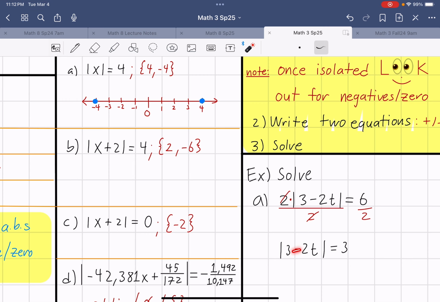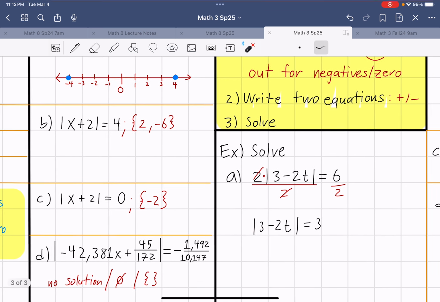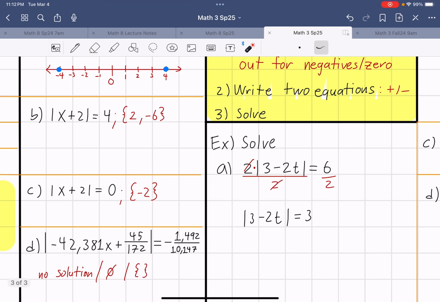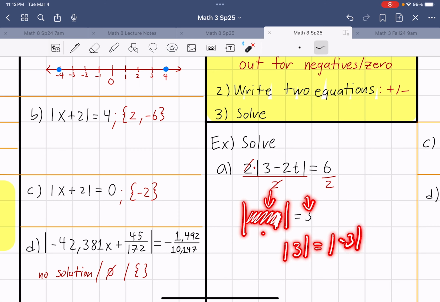But when there's a lot more involved, here's a trick I like to follow. Similar to the explanation I give to this example, I'm looking for a value that when I apply the absolute value to that number, it's going to give me positive 3. Well, I know the absolute value of 3 will give me 3. I also know the absolute value of negative 3 will also give me that positive 3.